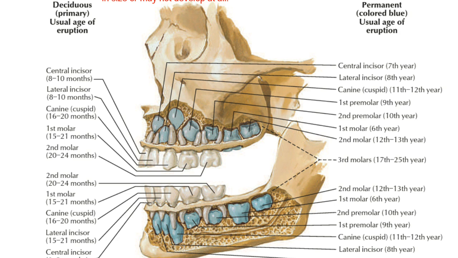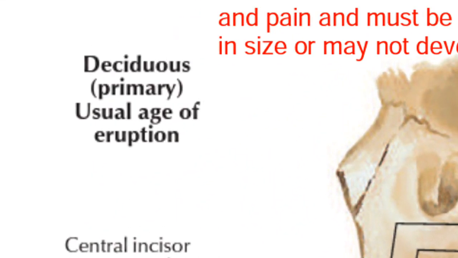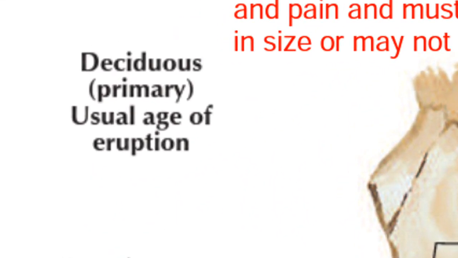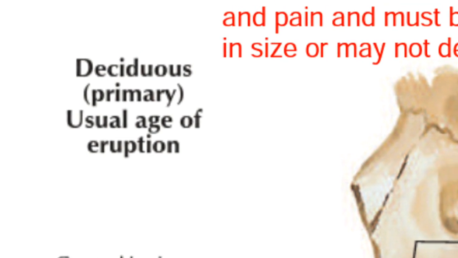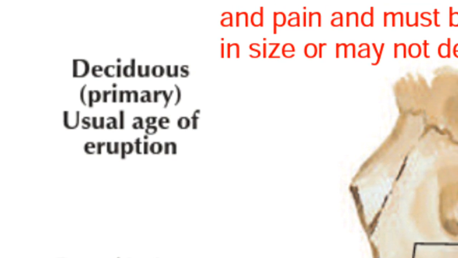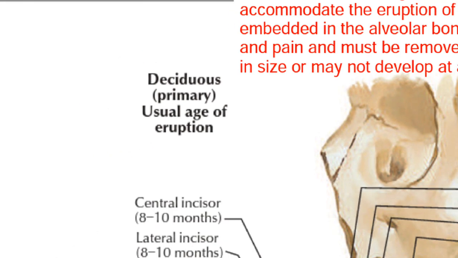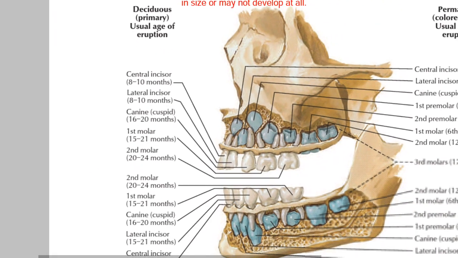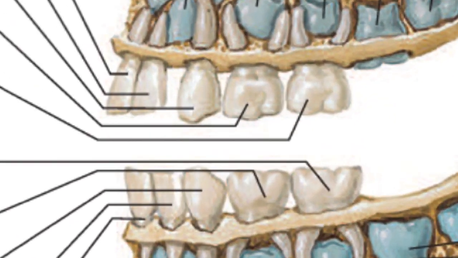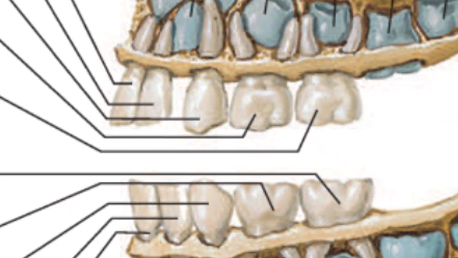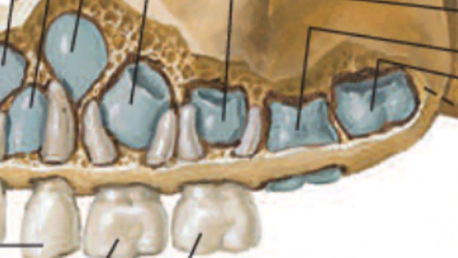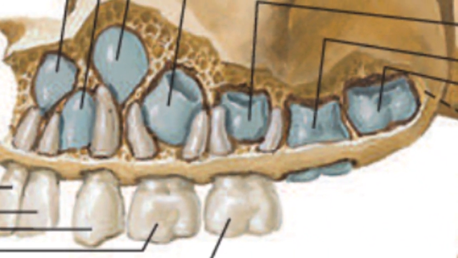Let's say over here, as you can see, the title is written. On the left hand side they are showing the deciduous teeth, that means the teeth of a child. For example, these white colored teeth are the deciduous teeth of the child, and with the blue color they are showing the permanent teeth.